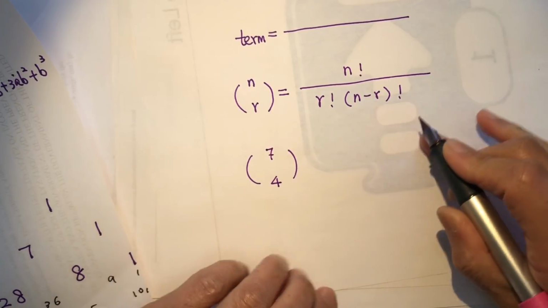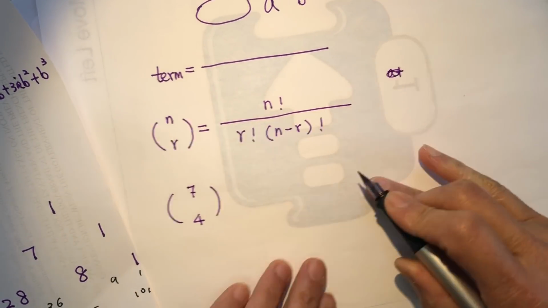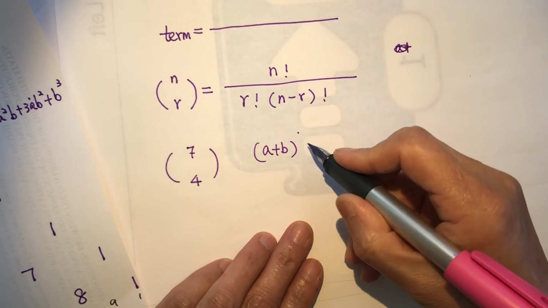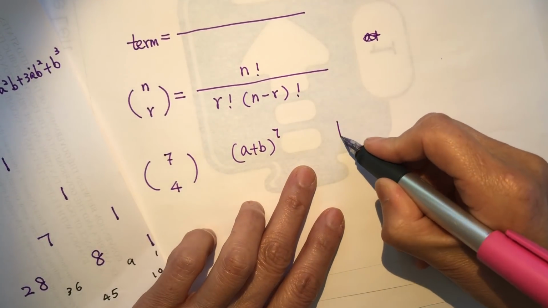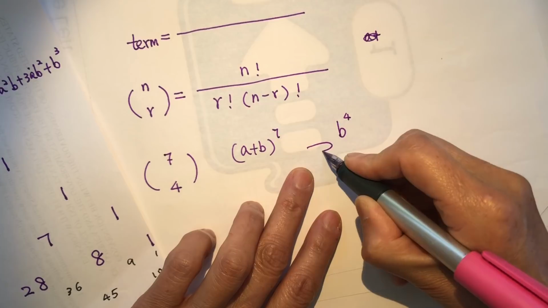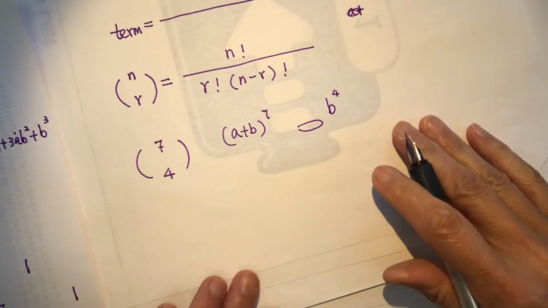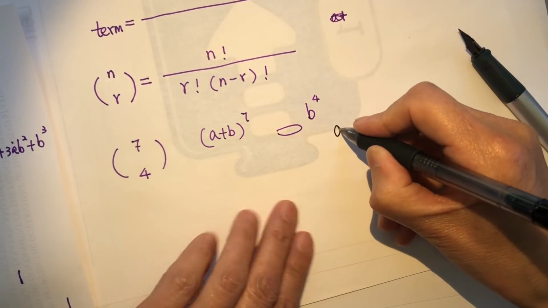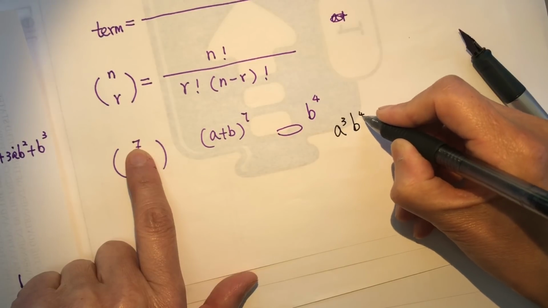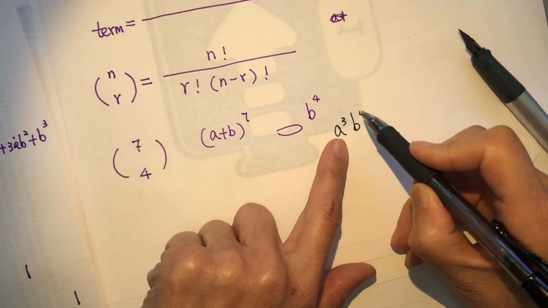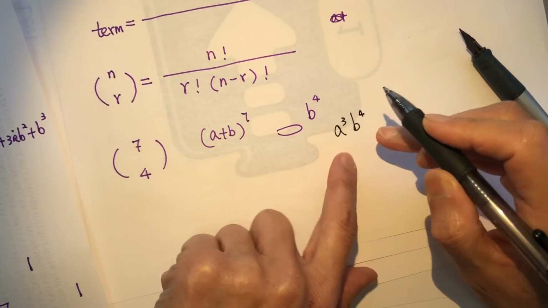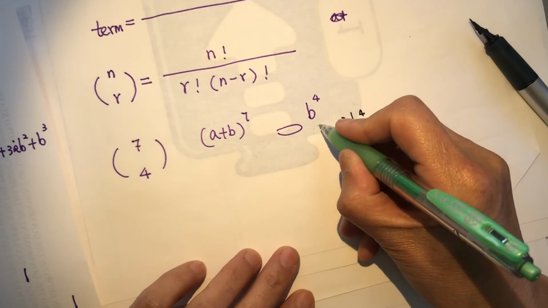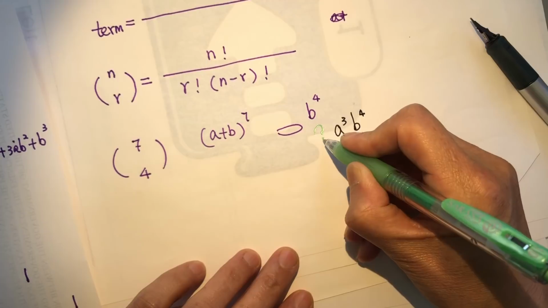Here we do 7. So a plus b to the power of 7. And we are looking for the b to the power of 4 term. In this case, it's a to the power of 3, b to the power of 4. Make sense? Because the a power plus the b power together must be 7. And now what we are looking for is this magical number.